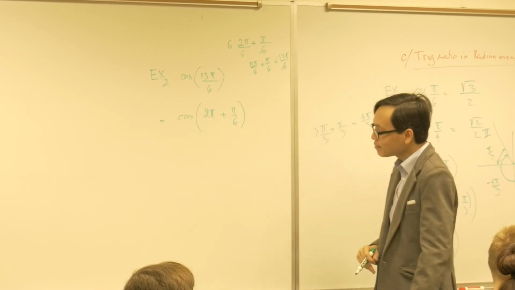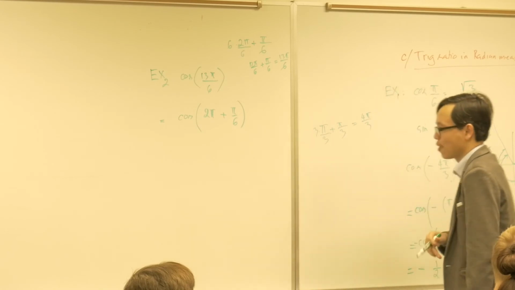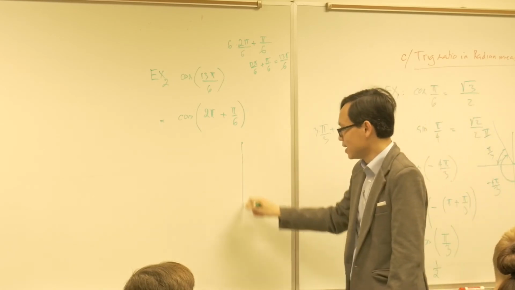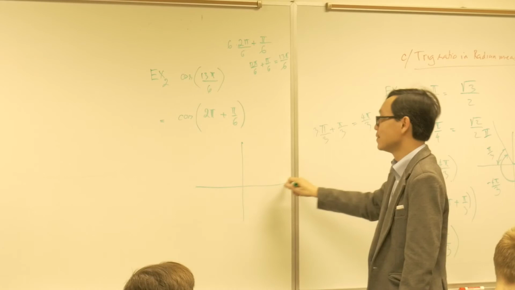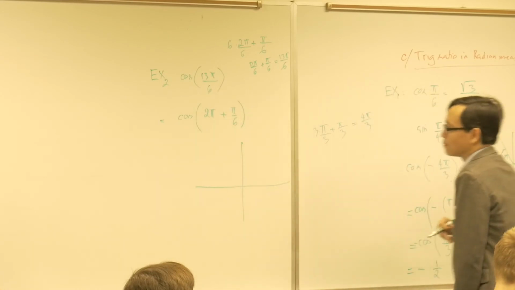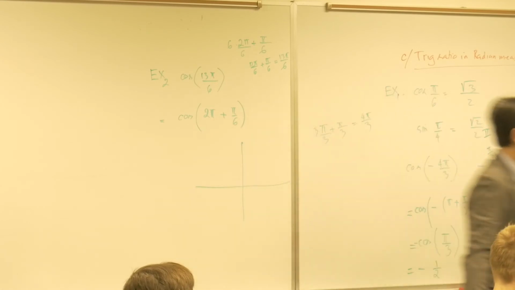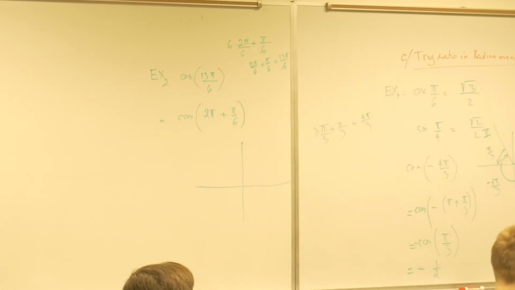Now we're going to use our coordinate system and draw the picture. This is positive, so we go counterclockwise. We go 2 pi, which is 360 degrees, so one revolution.